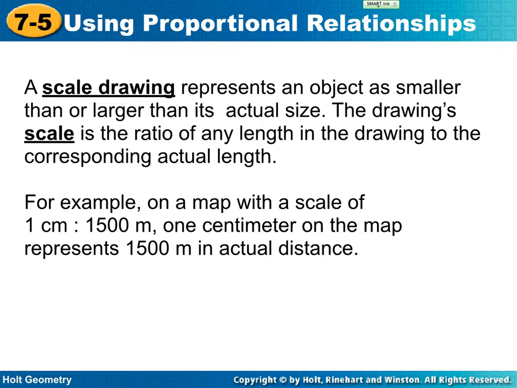Something you need to make sure of with scale drawings is that the scale always compares the drawing as the numerator and the actual or real measurement on the bottom.